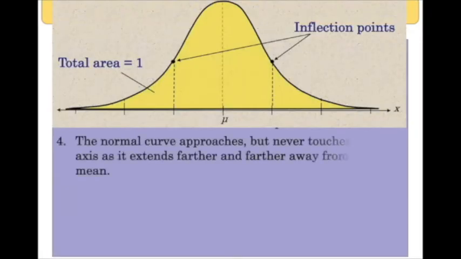Okay, next one, the normal curve approaches but never touches the x-axis as it extends further and further away from the mean. As you can see here, as the curve extends further away from the mean, remember mu is the mean, this curve will never touch the x-axis, only approaching.